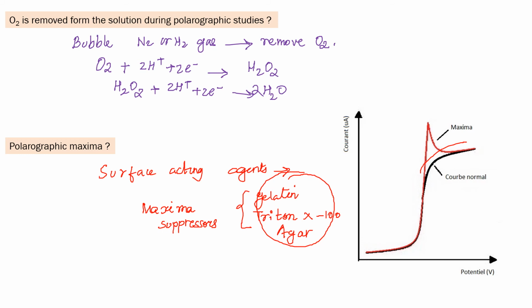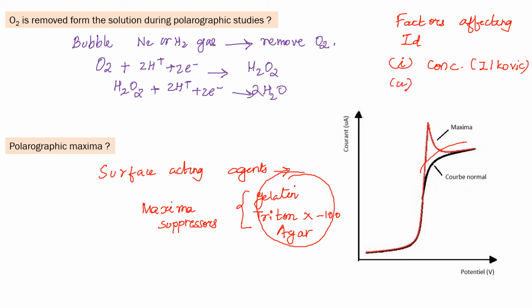And the final point regarding the polarography experiment is, what are the factors which affect diffusion current? There are 4 factors. The first one is the concentration, that is given by the Ilkovic equation.